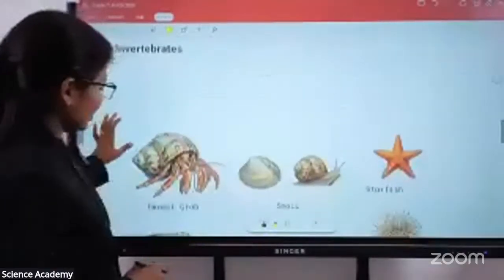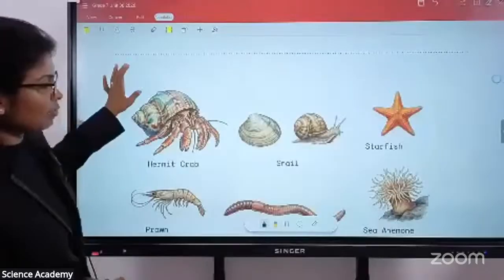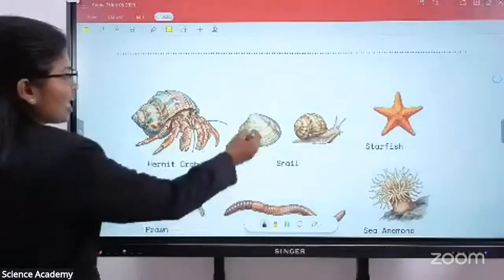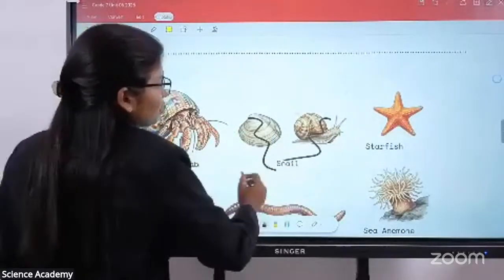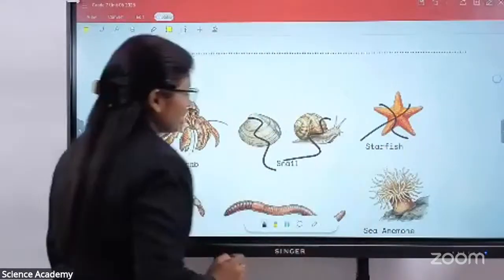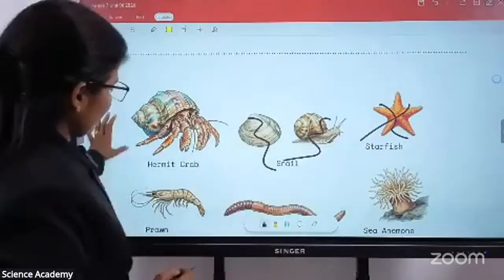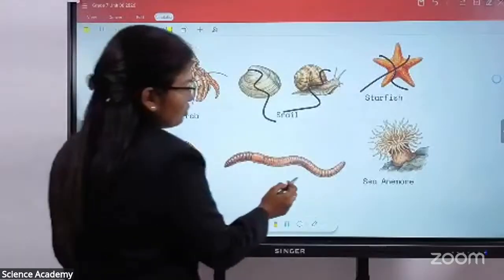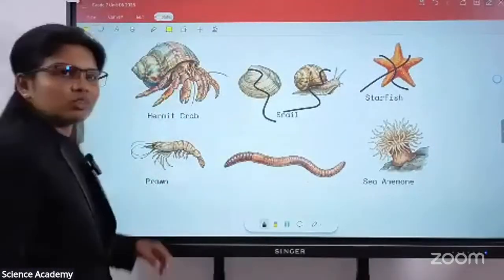Invertebrates. Here, children, can you see any backbone? Can you see any central line of bones here? No. They don't have. Here, prawn, earthworm, sea anemone, we cannot see that.